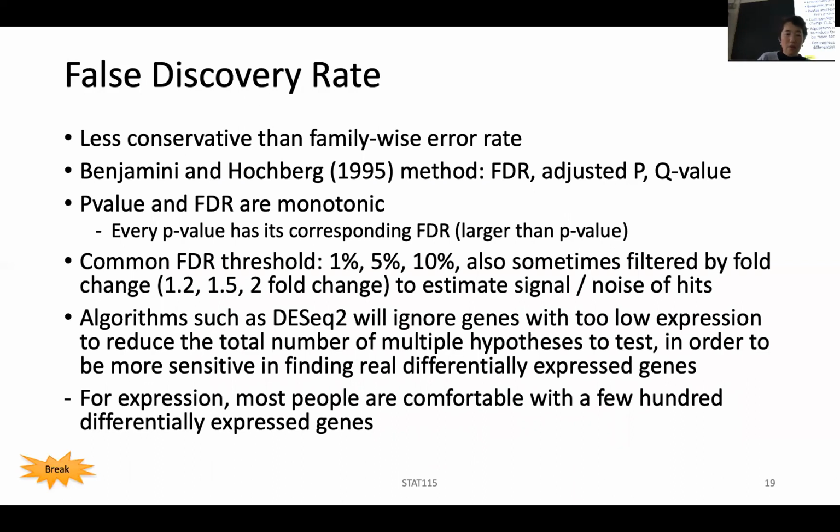So I would say the best thing statisticians have done to teach biologists is about multiple hypothesis testing. Before there was any high throughput experiment, people didn't really care as much about statistics.